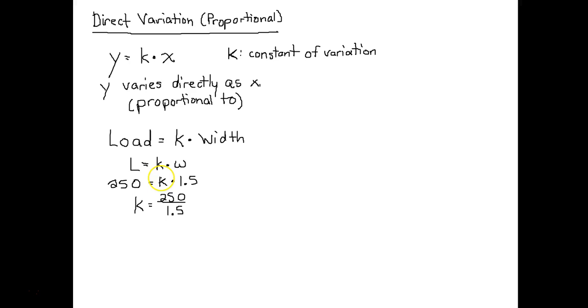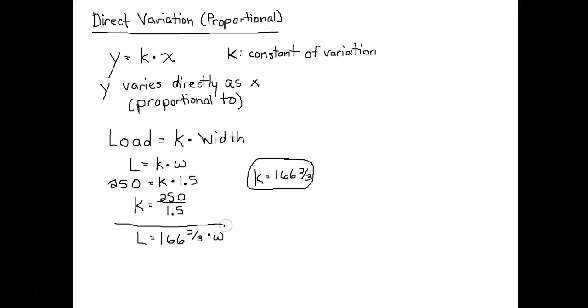So divide both sides by 1.5, and you get that K, or the constant of variation, is 166 2/3. So now you can rewrite your equation with the actual constant of variation in there. L, or the load, equals 166 2/3 times the width, or W. And then it says, what about a beam that's 3.5 inches wide?